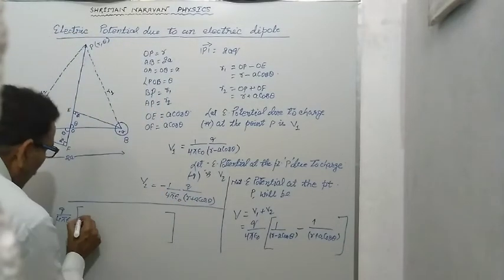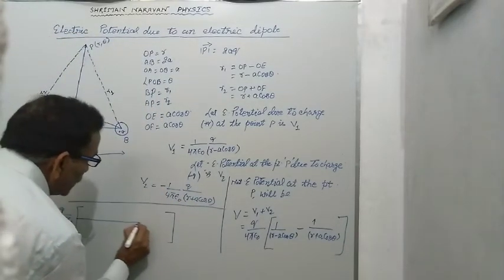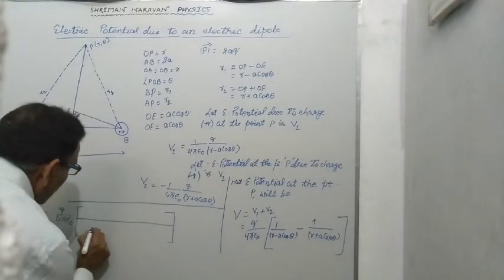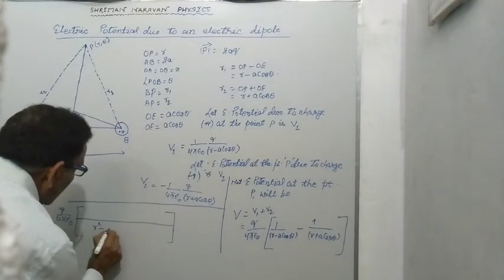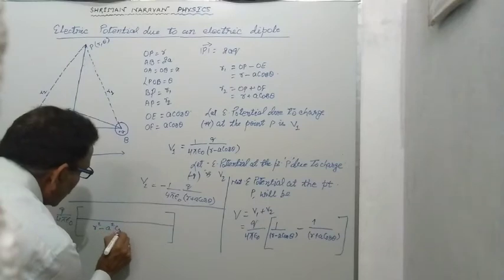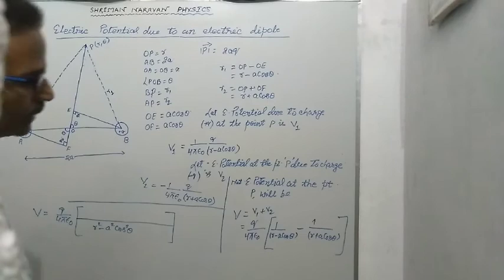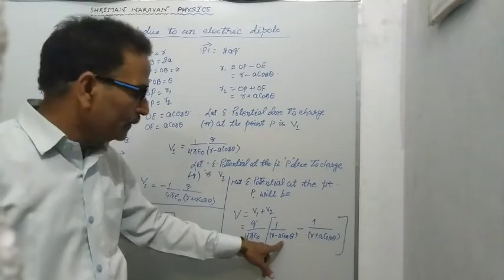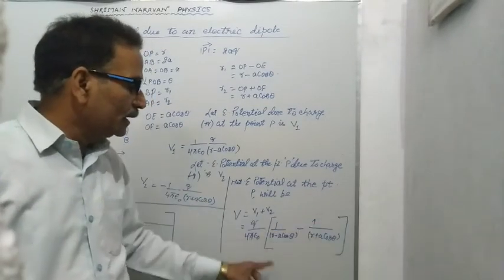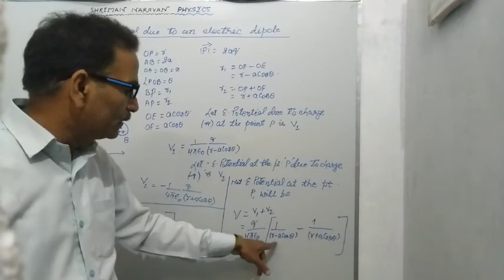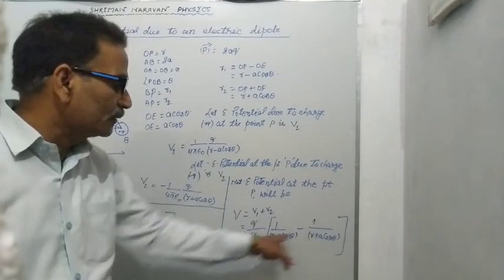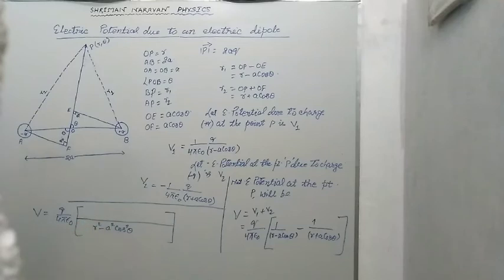The LCM of these two will be r square minus a square cos square theta. To take the LCM, we simply multiply a minus b into a plus b, that is a square minus b square. So it will come r square minus a square cos square theta.